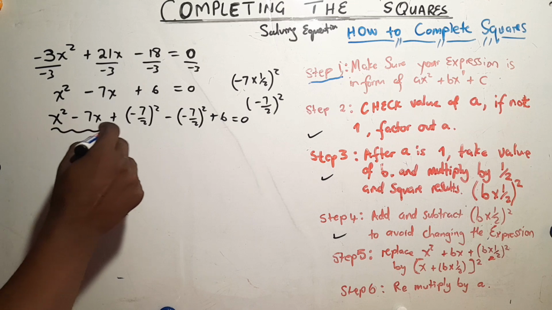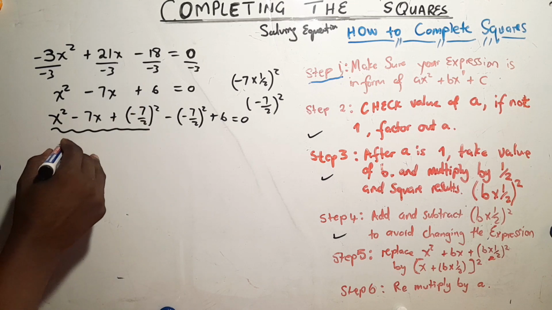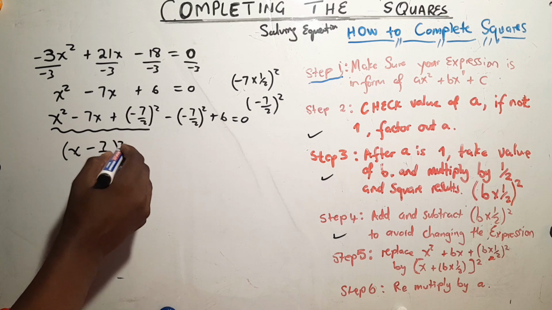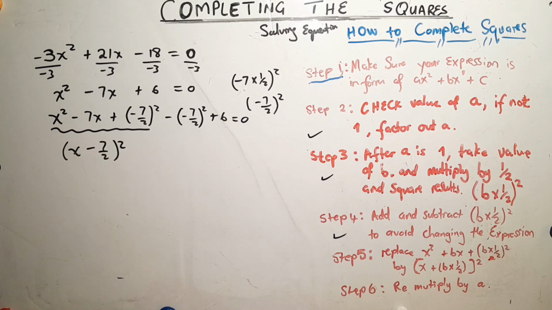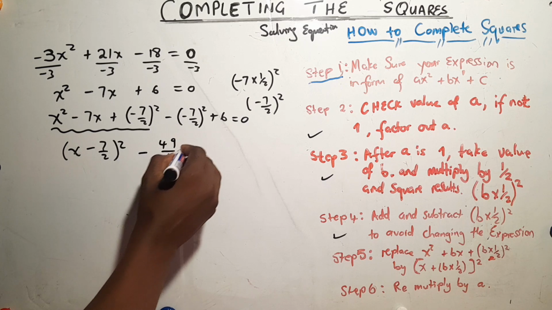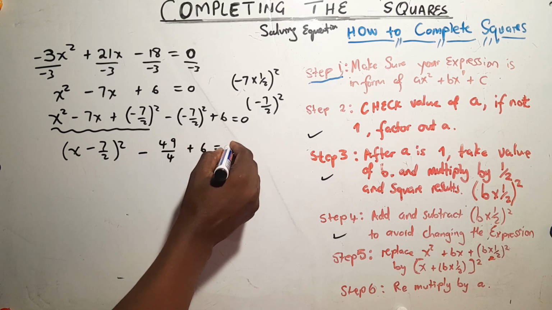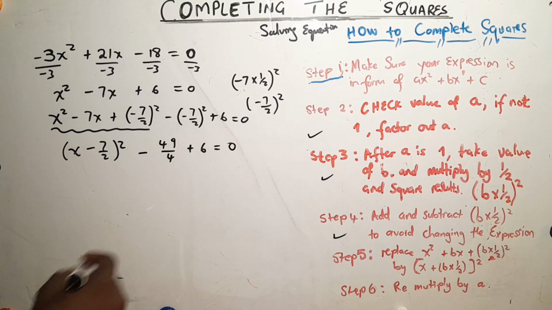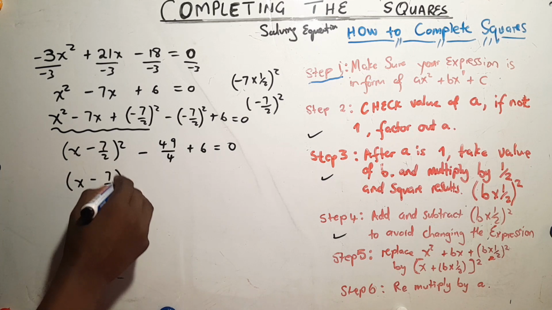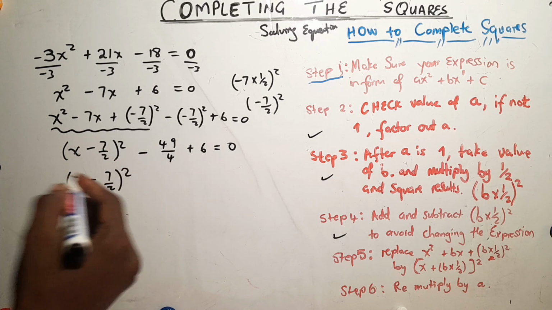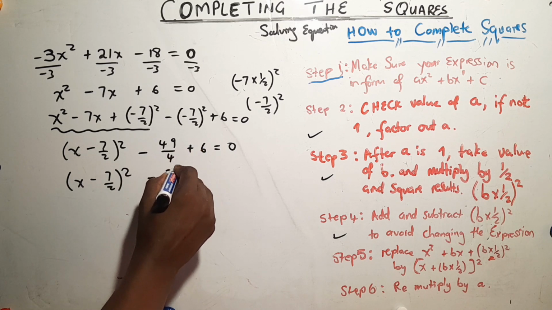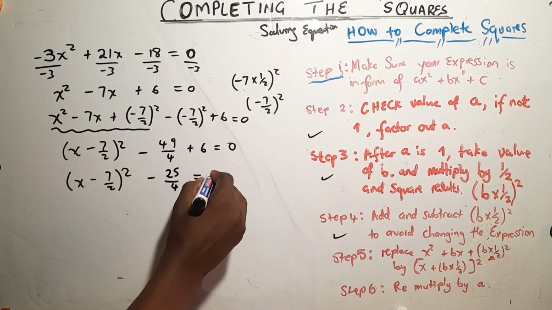And this whole can be simplified into x minus 7 over 2 squared. And that will give us negative 49 over 4 plus 6 equals 0. And you can add the two. So now our x minus 7 over 2 squared gives us negative 25 over 4 equals 0.